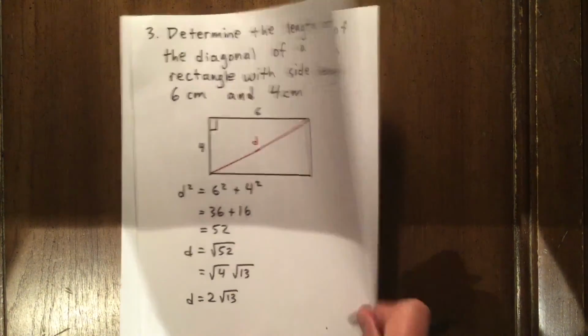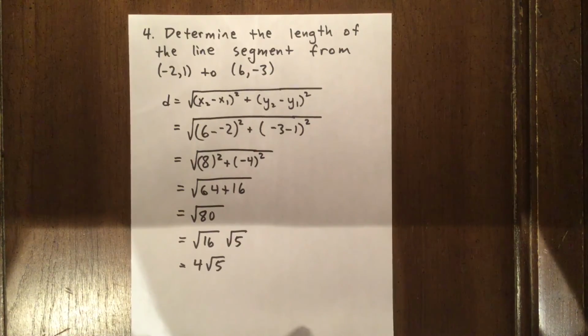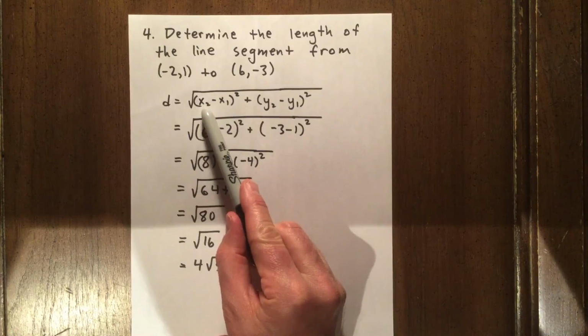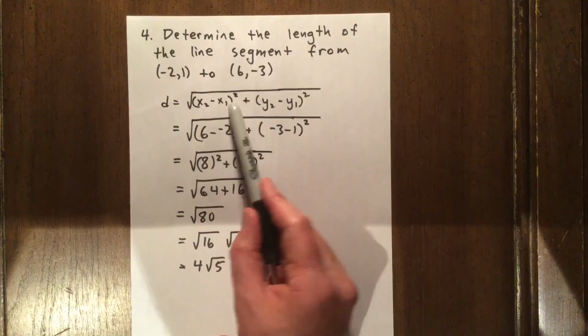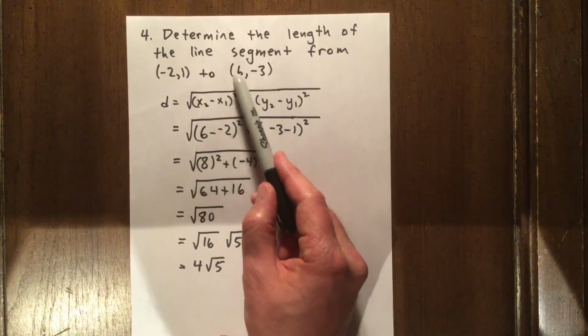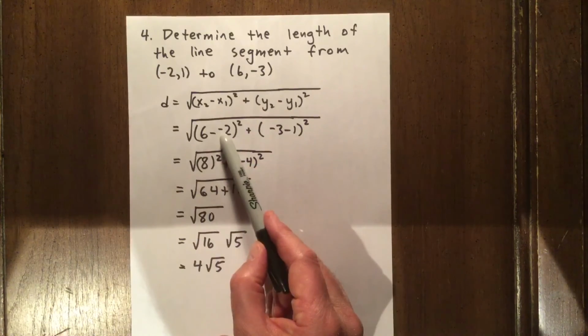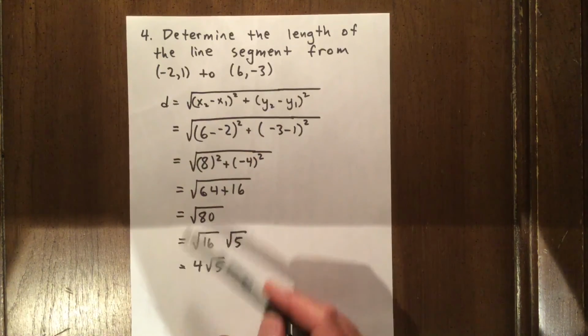And finally, last question here. What if we have 2 points on a graph and we want the length of the line segment, it's helpful to remember the formula for distance that you might have learned in grade 10. Square root of x2 minus x1 quantity squared plus y2 minus y1 quantity squared. So we just go 6 minus negative 2 quantity squared, negative 3 minus 1 quantity squared.